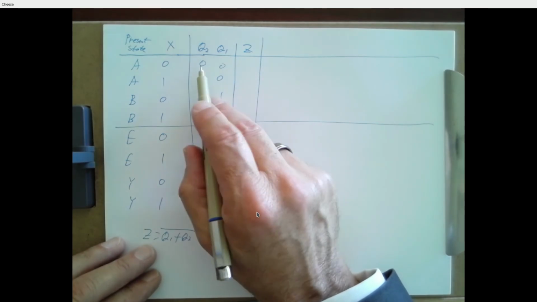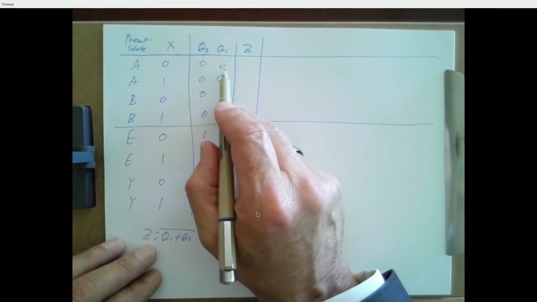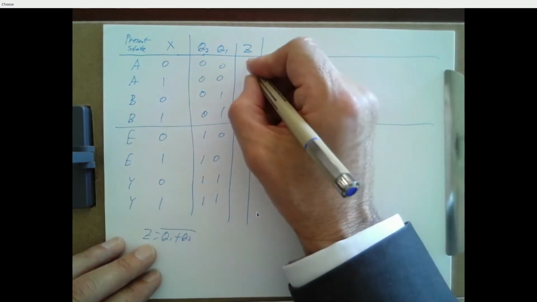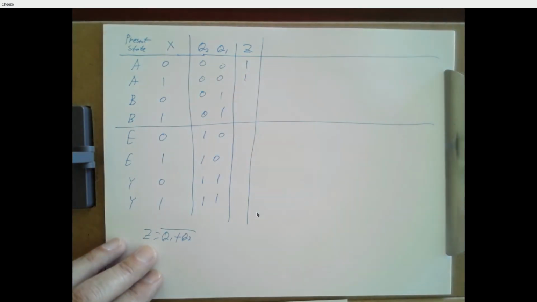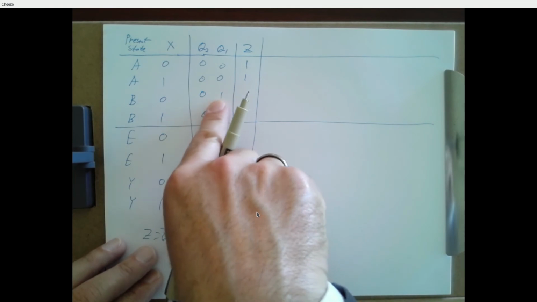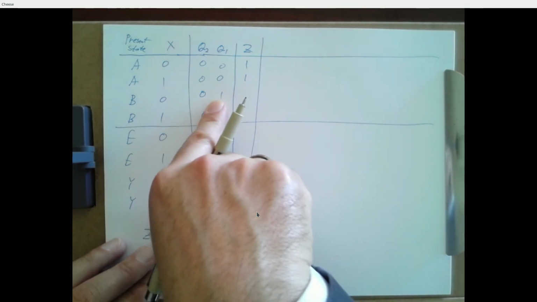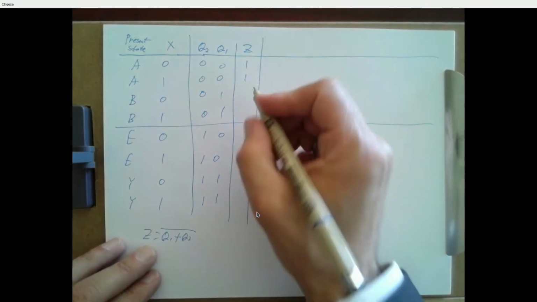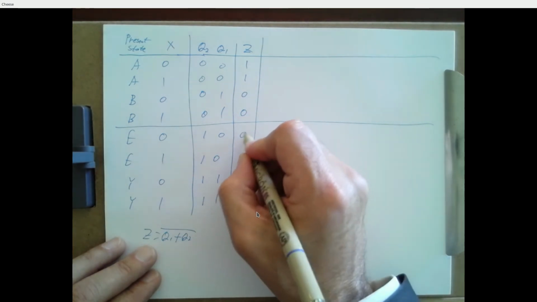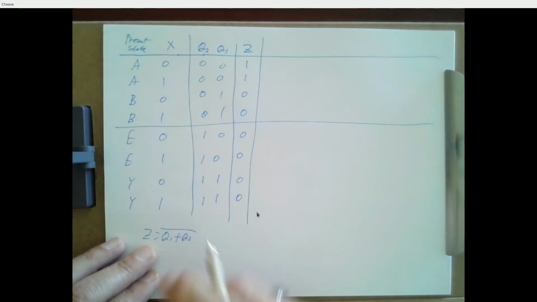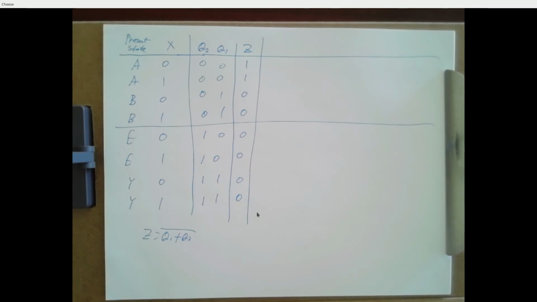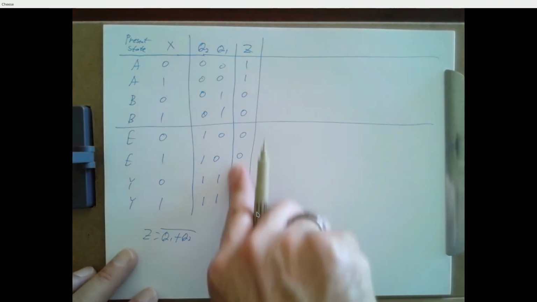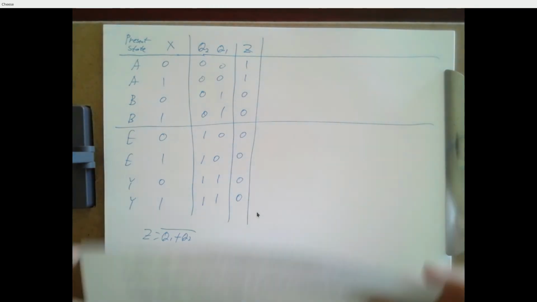If they're both 0, the OR is going to be a 0, so the output will be a 1. And if either or both input is a 1, the OR will be a 1, so the complement will be a 0. So this is just a NOR truth table. So either work through it like that or look it up in your notes.